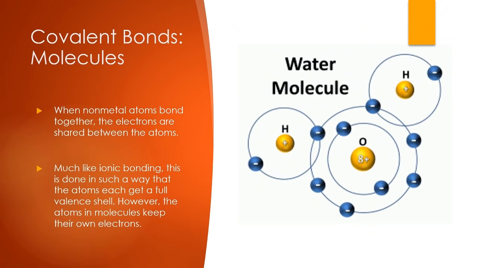So the other type of bonding that I mentioned is covalent bonding. In covalent bonding, you're still ultimately trying to get to this full octet. This is the big goal, to have your valence shell filled. Water molecules do this not through stealing an electron, like we saw with sodium chloride, but through sharing electrons.